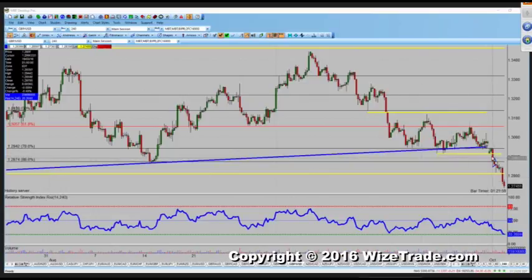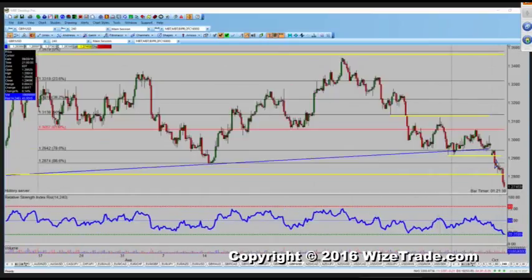And I did short the pound yesterday, and I actually added yesterday, but I'm short at 128.70. We're at 127.46. I don't think selling the pound right now makes a lot of sense. I don't know if I would buy it. I don't think there's any reason to be a buyer at this point.